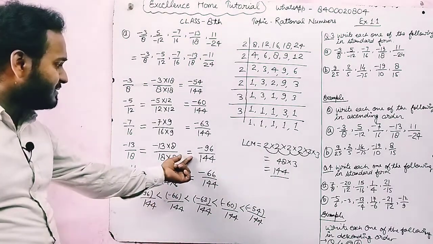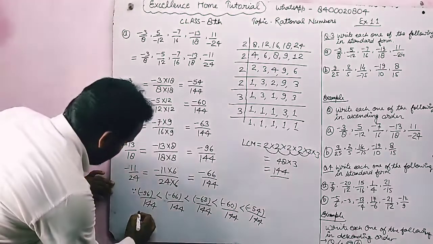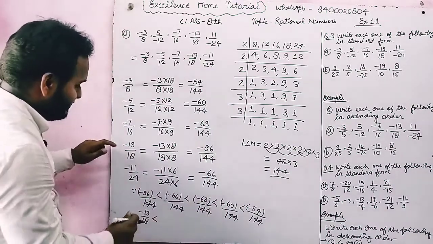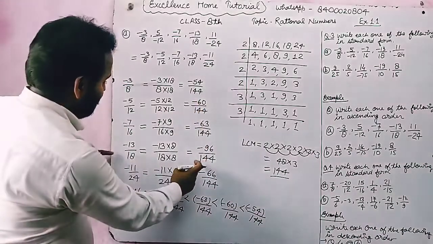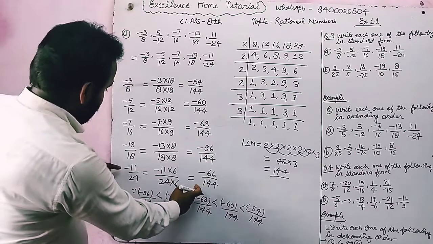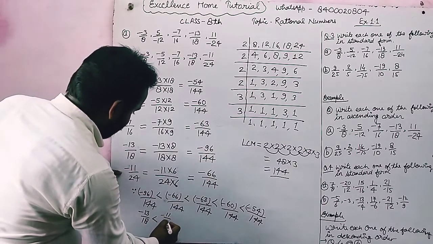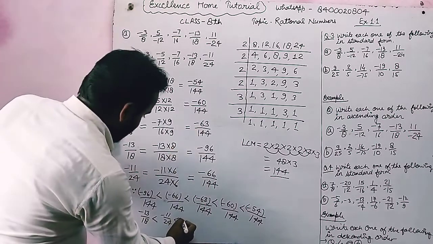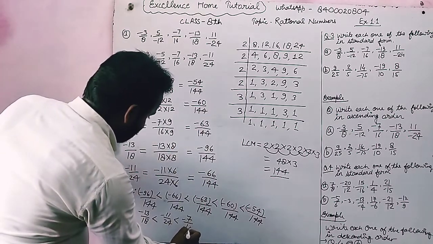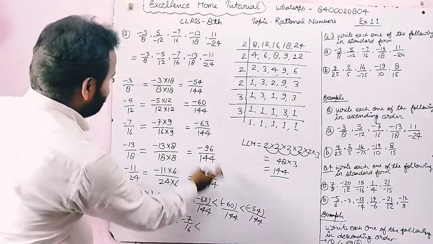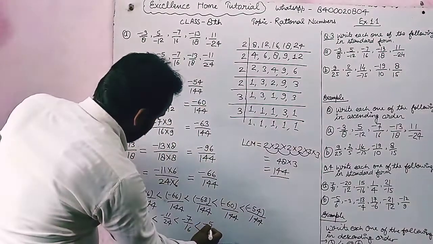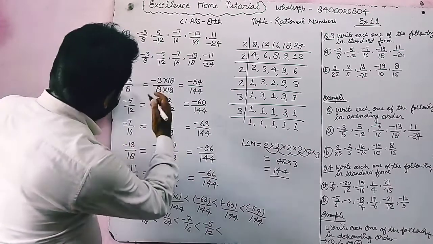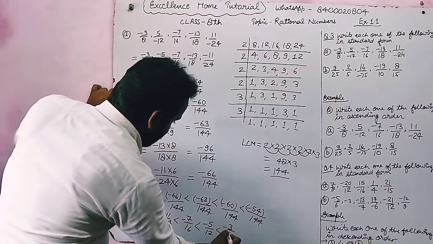Minus 96 is minus 13 upon 18, is less than minus 66 is minus 11 by 24, less than minus 63 is minus 7 by 16, and after that minus 60 is minus 5 by 12, and this is minus 3 by 8.